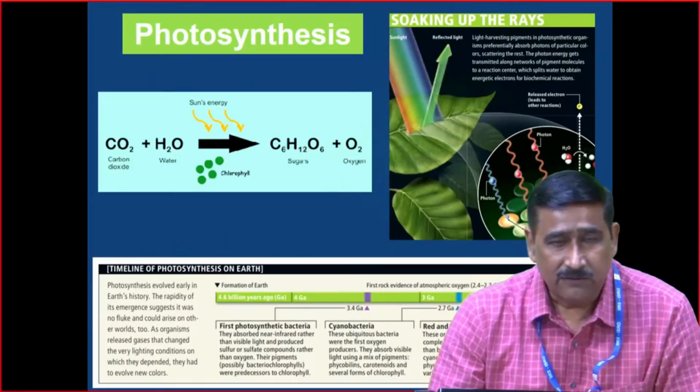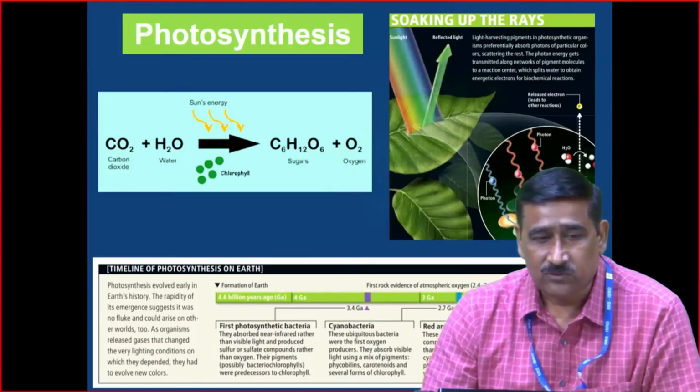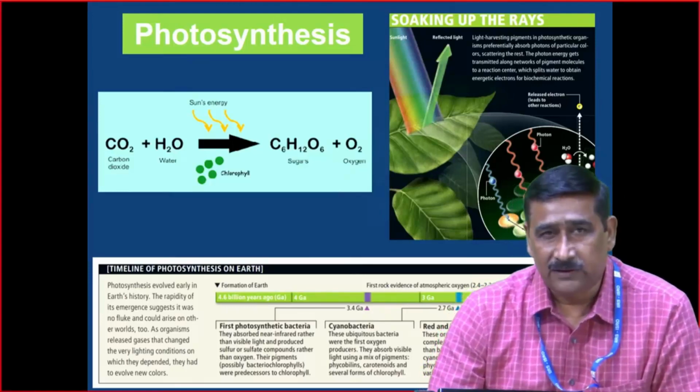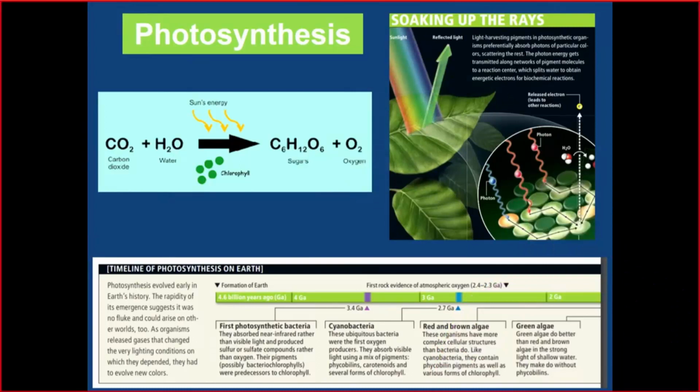Let's talk about photosynthesis. It is taught in our schools and it is fundamental to life on Earth because this is the only source by which the energy of the sun gets converted into organic matter. Of course, it happens in the leaf in the presence of chlorophyll.